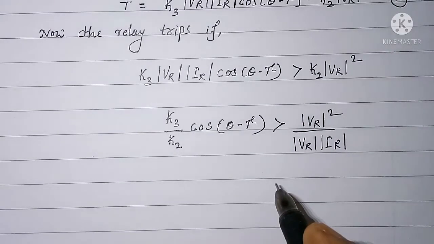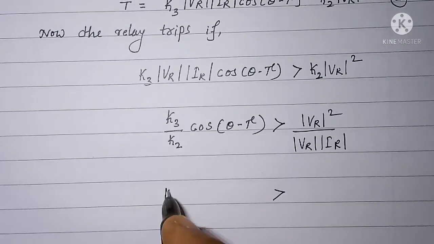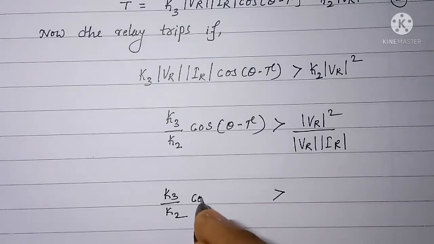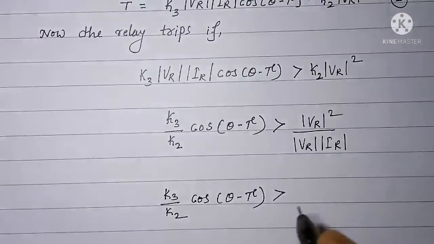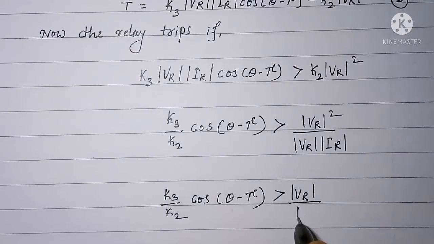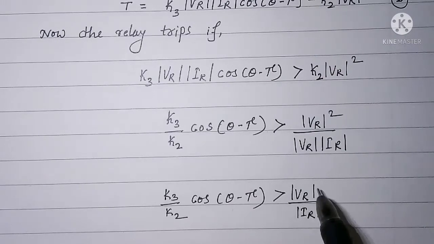So when simplified we get K3 by K2 into cos of theta minus tau greater than VR by IR. The ratio of VR to IR is the ratio of voltage fed to the relay to the current fed to the relay.